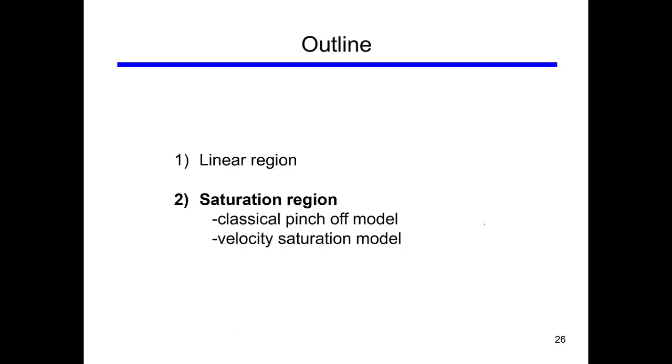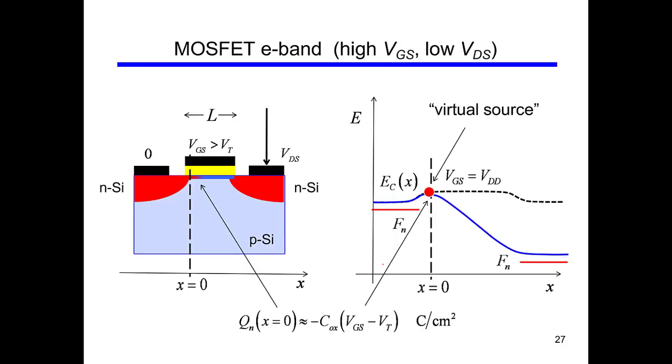So now we describe the second equation, which is related to the saturation region. We can describe it in two ways. We can describe it with the classical pinch-off model, this is the first one, and we can describe it as a velocity saturated model. So let's see.